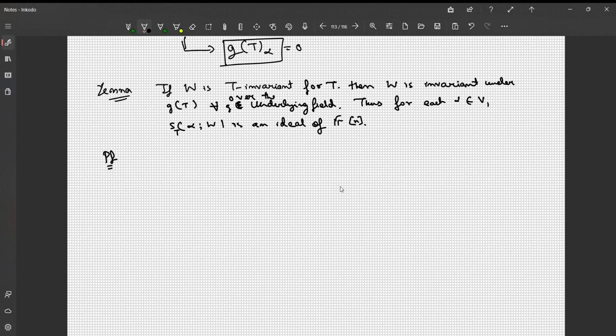Let's come up with a quick proof of this. The proof is fairly simple. You are given that W is T invariant.